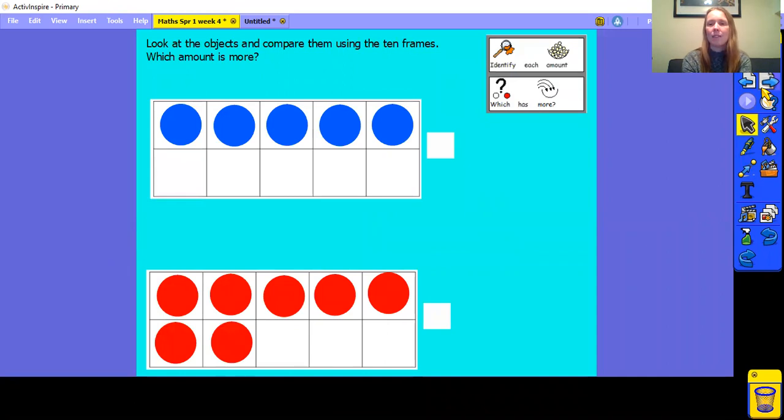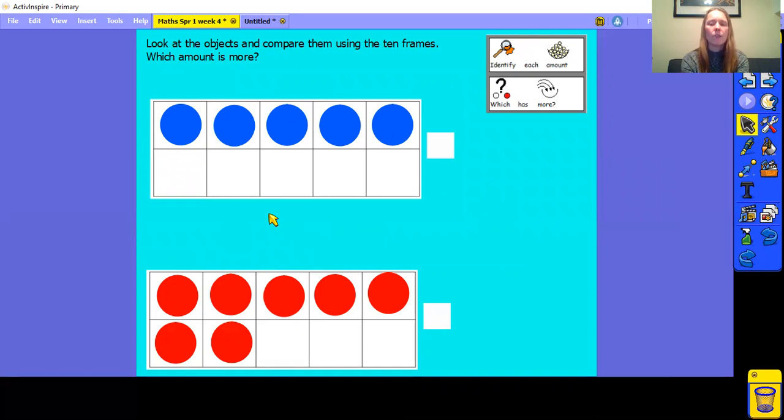Okay, let's have a look on these 2 10 frames. We have blue counters on the top 10 frame and red counters on the bottom 10 frame. But which amount is more? What we're going to do is we're going to count all of the blue counters first. Let's do it together. Now, I'm looking at my blue counters.